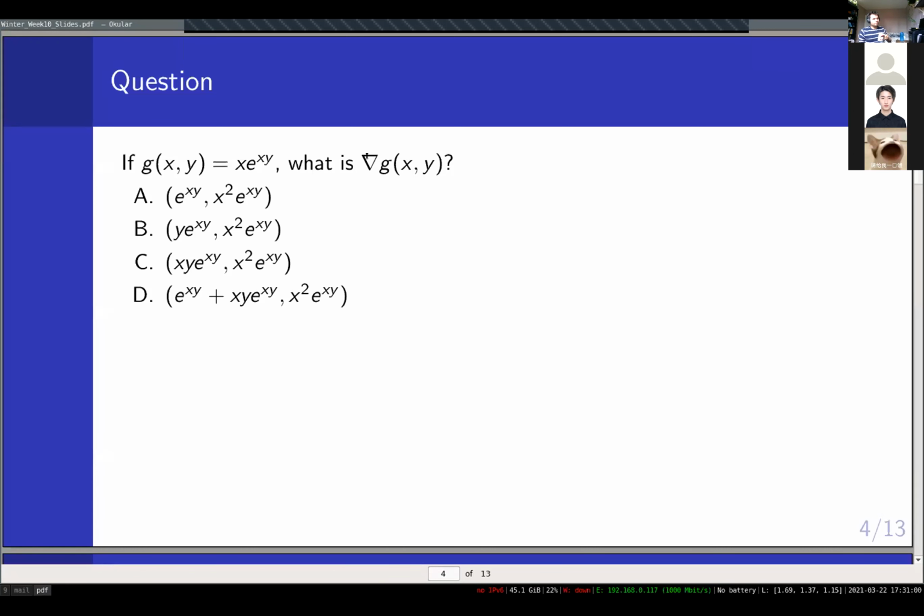And for those of you who hated linear algebra, unfortunately, it's coming back, because you need linear algebra to do multivariable calculus. Determinants, eigenvalues, it's all coming back.